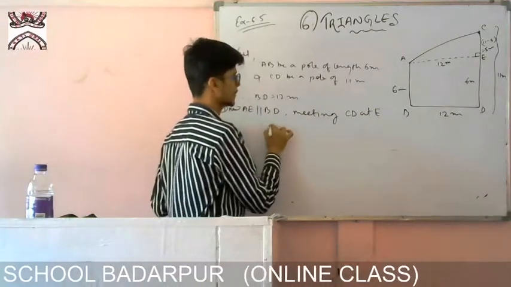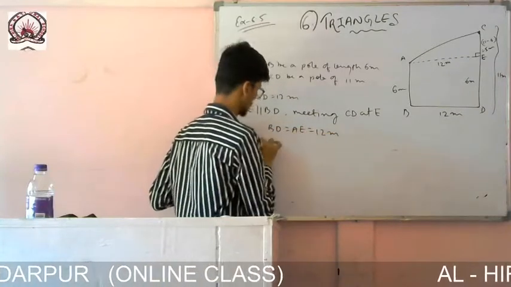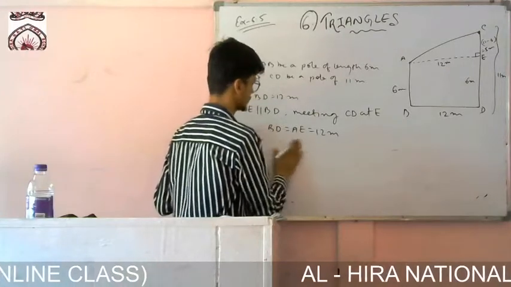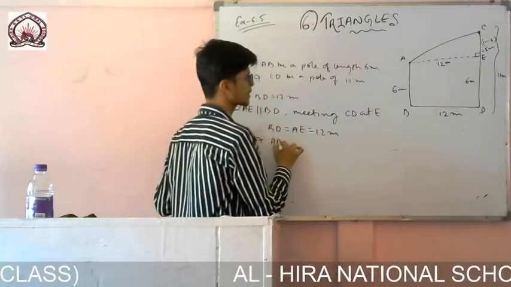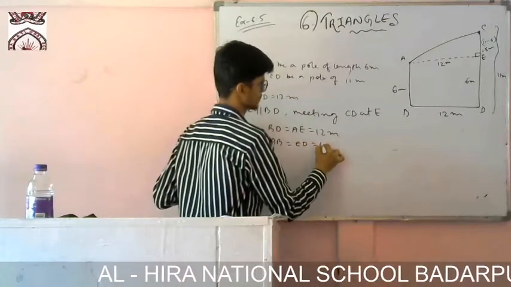So therefore BD equals AE equals 12 meter, and AB equals ED equals 6 meter.